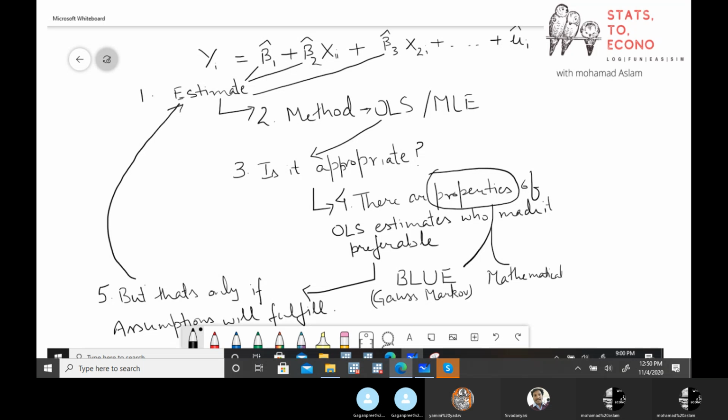After that, that will be the last part of these derivations, because for the properties only these three proofs are required: linear, unbiased, and minimum variance. Then we will be left with one part, that the expected value of the residual square is equal to sigma square. We will do that at the end because indirectly we are using it in these derivations.